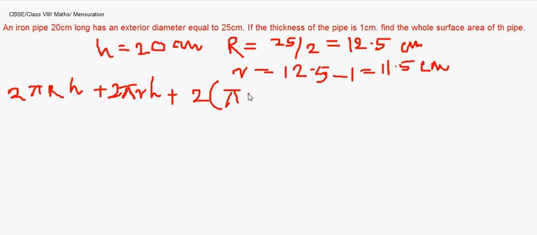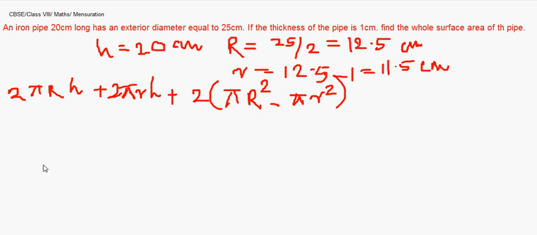That will be pi R square minus pi r square. This is actually the curved surface area of the external, this is the curved surface area of the internal one, and this is subtracting the area of the two circular regions.